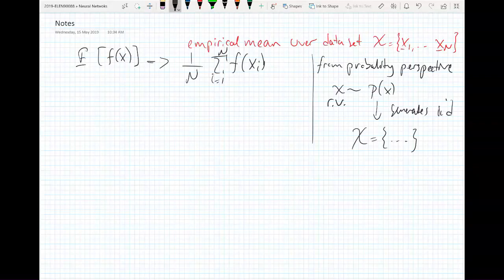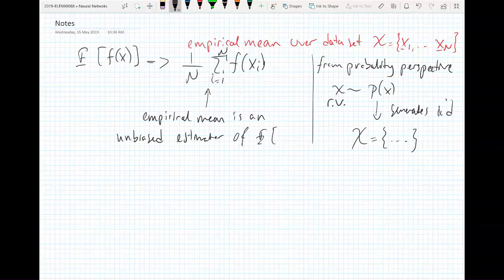The best you can do is take the data set and find the empirical mean as an estimator. So this empirical mean is an unbiased estimator of the expectation of f of x, right?